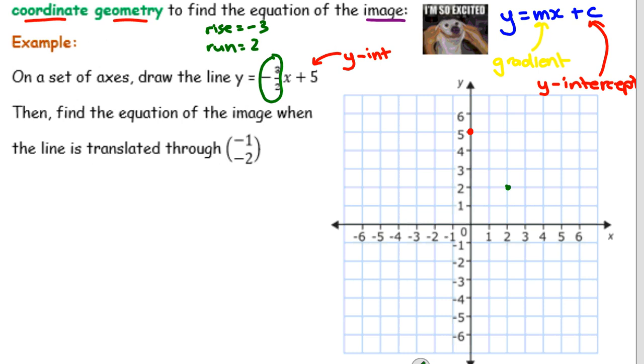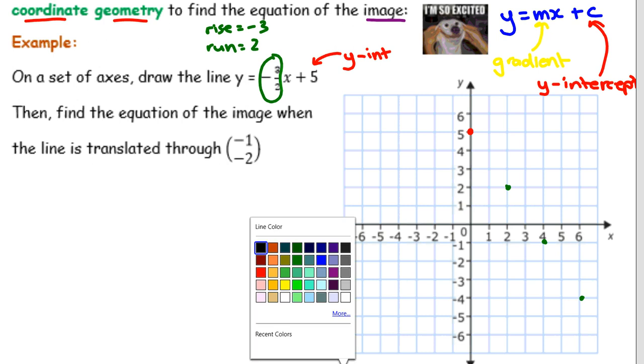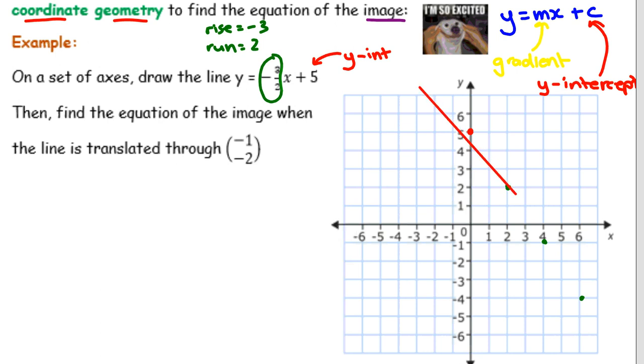Down 3 and across 2. Down 3 and across 2. And then I just use a ruler basically, to draw a nice line through there. Because it's our original object, that's our object line, I'm going to do it in red. Okay, there we go.